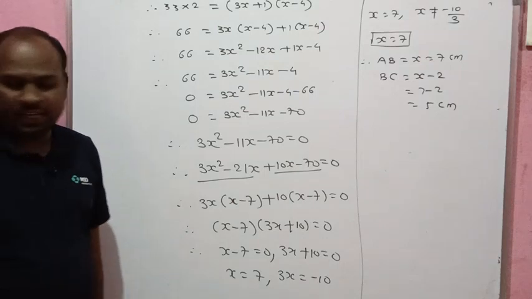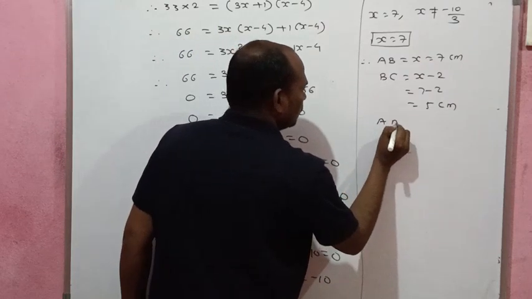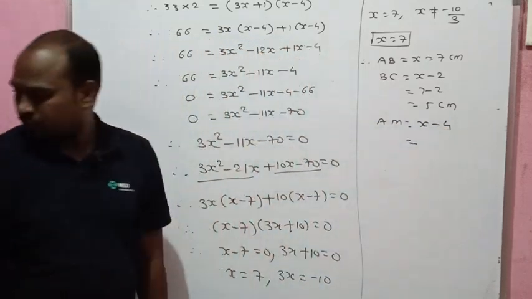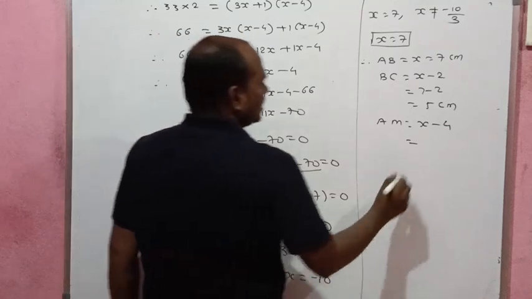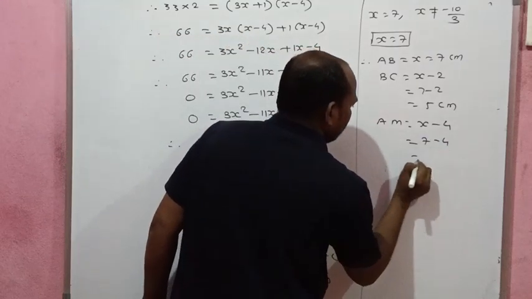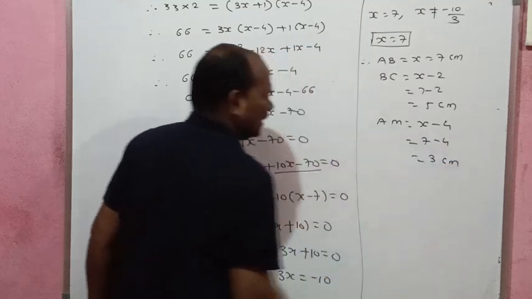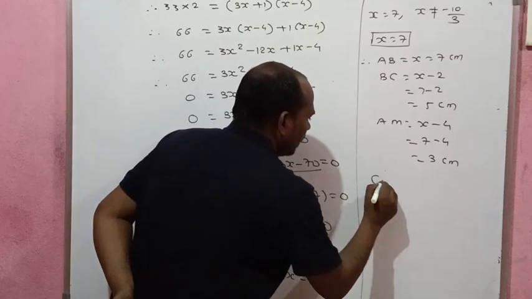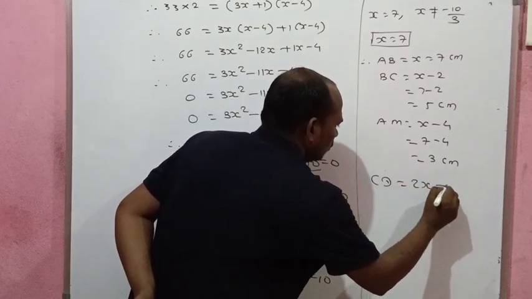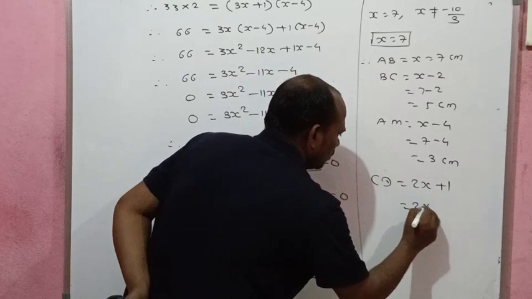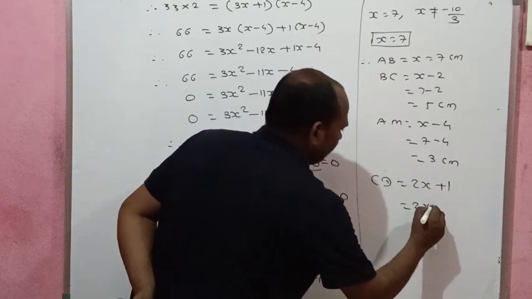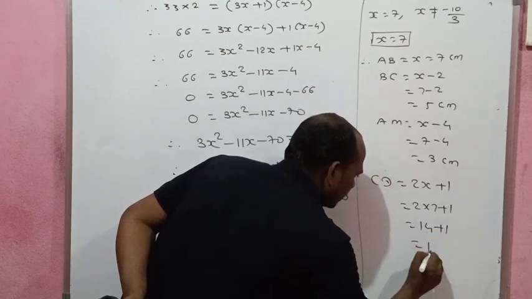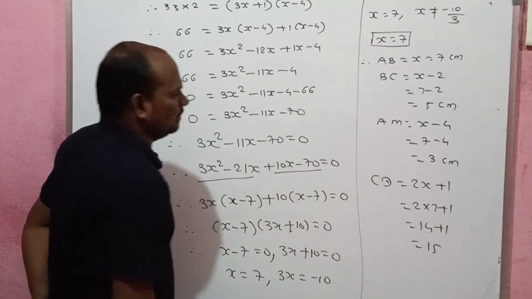And third AM equal to x minus 4, that is 7 minus 4, 3 centimeter. And last CD. Now CD equal to 2x plus 1. 2 into value of x is 7 plus 1, that is 14 plus 1, 15 centimeter.